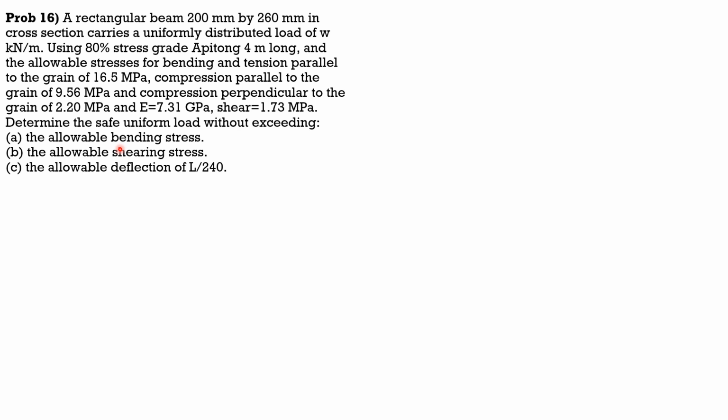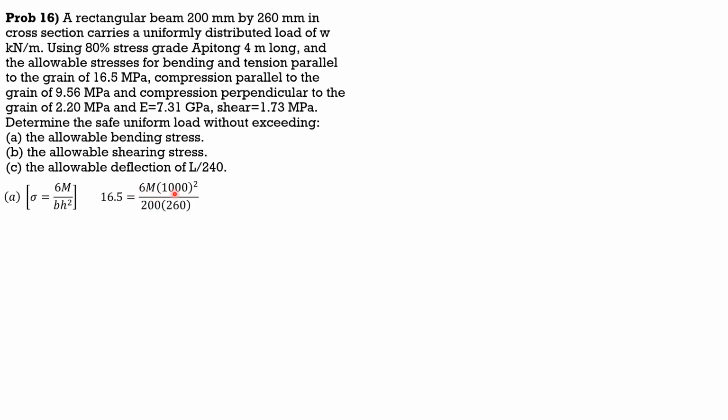if bending stress controls. So bending stress is 6M over b h square for a rectangular section. The allowable bending stress for both tension and bending is 16.5 megapascals. So 16.5 equals 6 times M times 1000 square, assuming moment is in kilonewton meter.